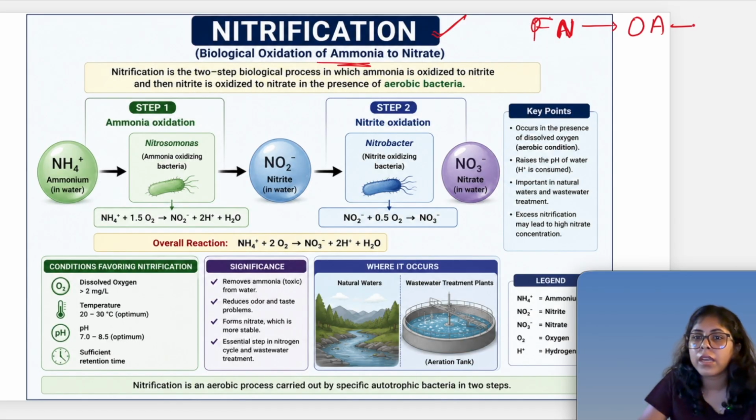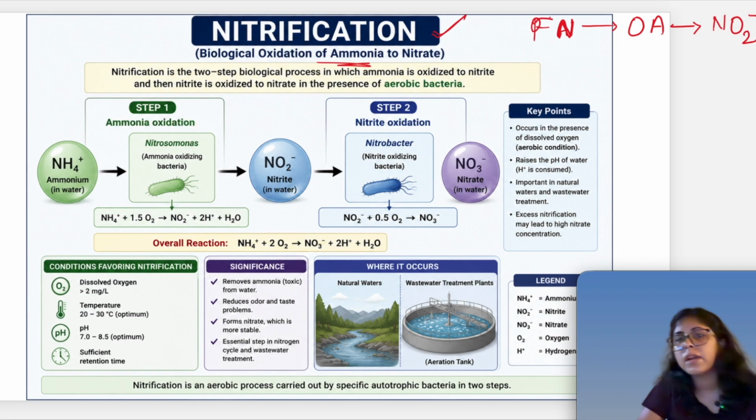Now this organic ammonia will be converted to nitrite, written as NO2 minus. So this is nitrite. And then nitrite will be converted to nitrate, NO3 minus, right?